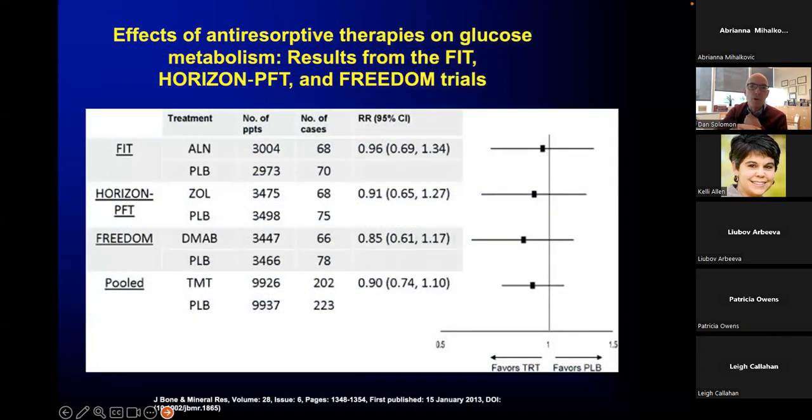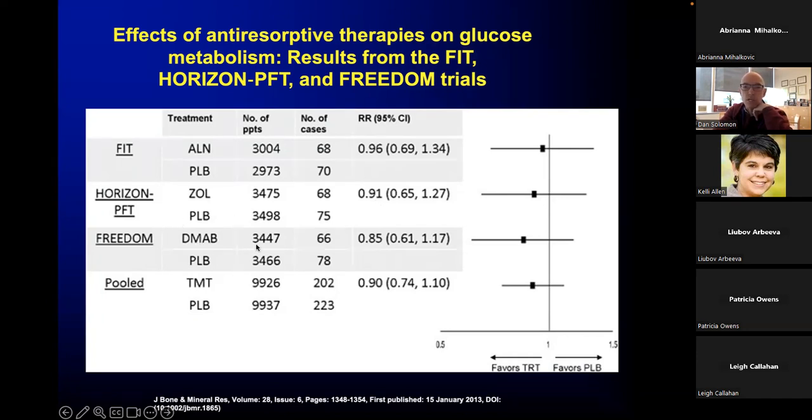Again, this is some of the prior data that made us wonder about this question. This is data from trials. FIT is an old alendronate trial, very early alendronate work where there was no change in risk. Horizon used zoledronic acid, a different anti-resorptive bisphosphonate, against placebo, maybe some tiny reduction.